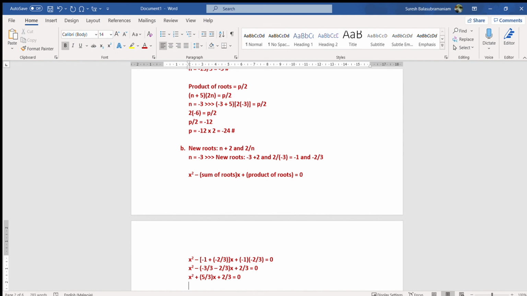Okay, so I'll just eliminate the fractions by multiplying 3 for all the terms in the equation. So we get 3x square plus 5x plus 2 equals 0. Okay, so that will be my quadratic equation. Okay, so see you again in the next video. Bye.